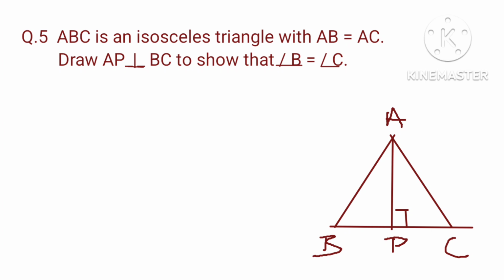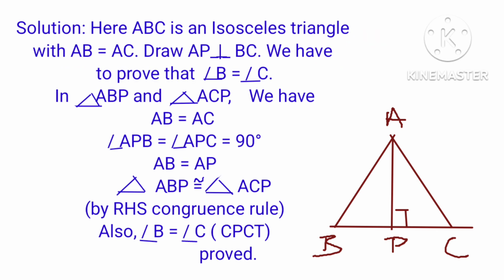Question number 5. ABC is an isosceles triangle with AB is equal to AC. Draw AP perpendicular to BC to show that angle B is equal to angle C. Here ABC is an isosceles triangle with AB is equal to AC. Draw AP perpendicular to BC.